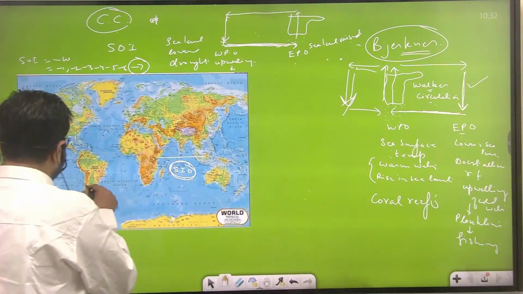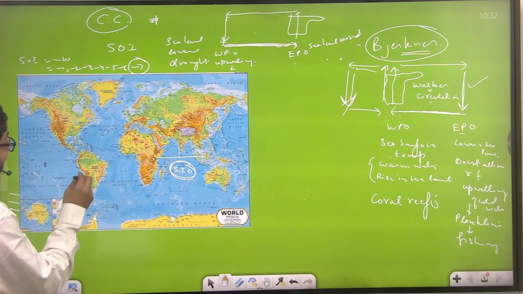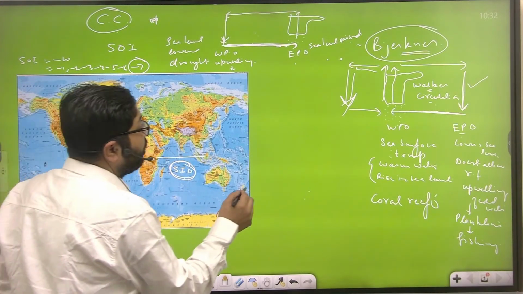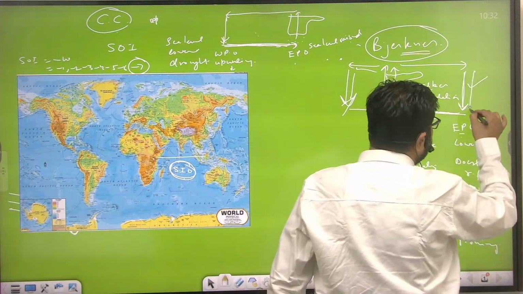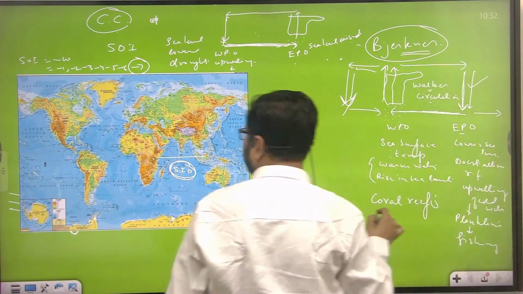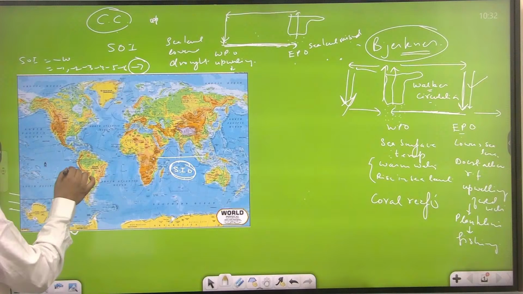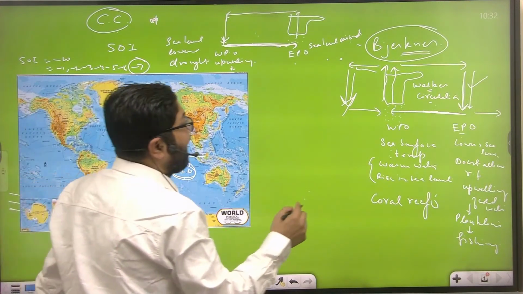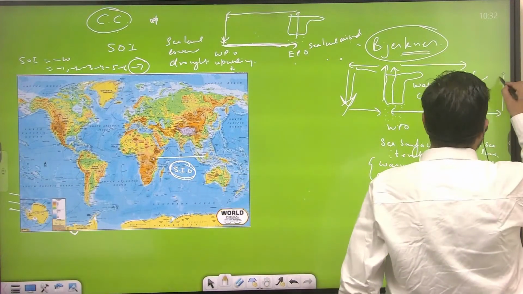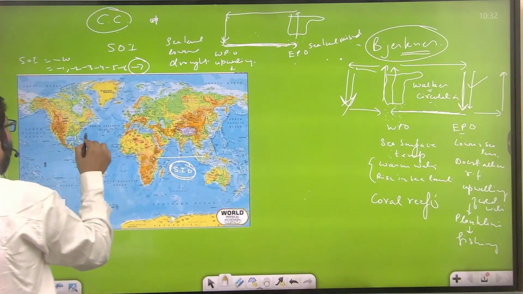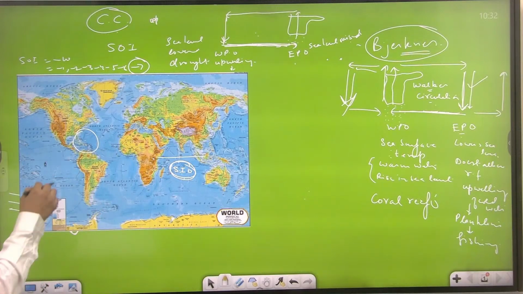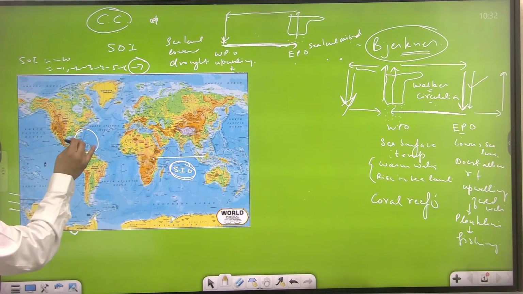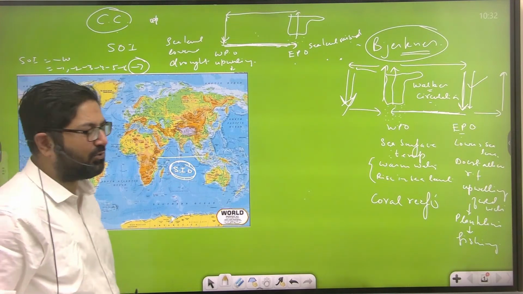And on the eastern side, where the air is sinking, after sinking, I told you it turns towards west. Not only west, after sinking, it also turns towards east. And rising air is found in the western part of the Atlantic Ocean.